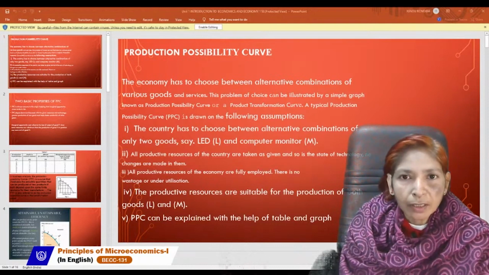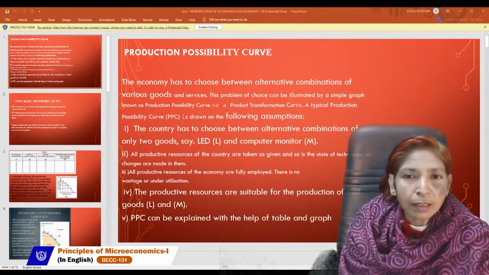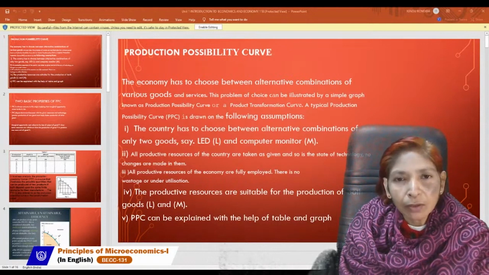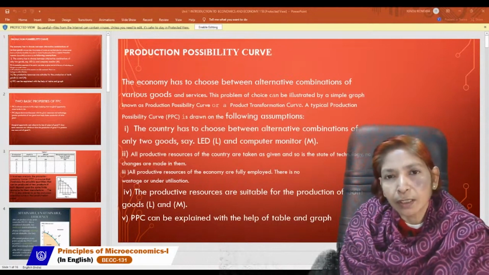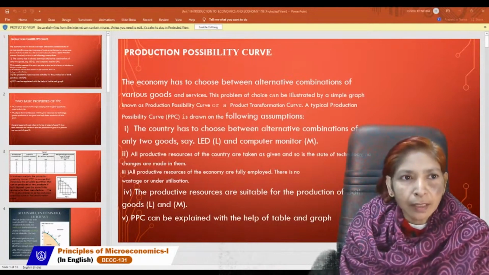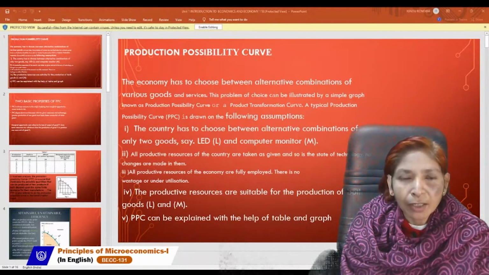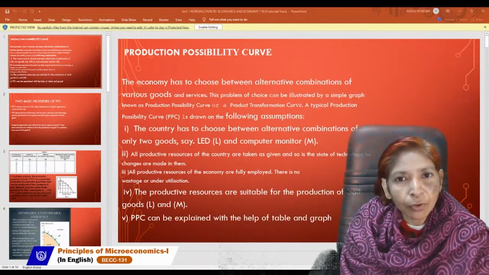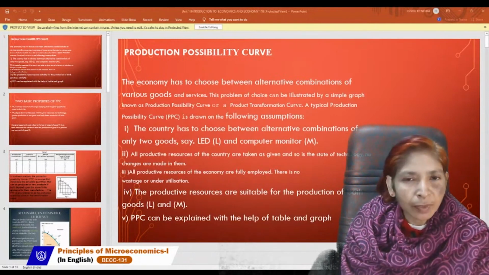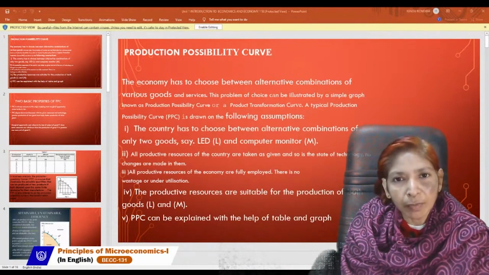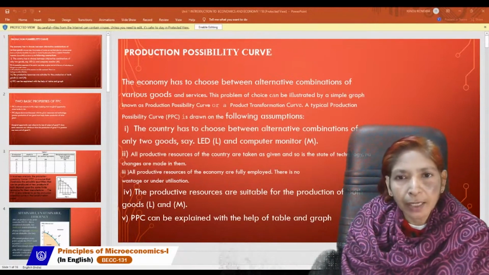Now, the next topic is what is the difference between microeconomics and macroeconomics. Your syllabus is principles of microeconomics, but you must know the difference between the two branches of economics, which are micro and macro, and why we are studying microeconomics.